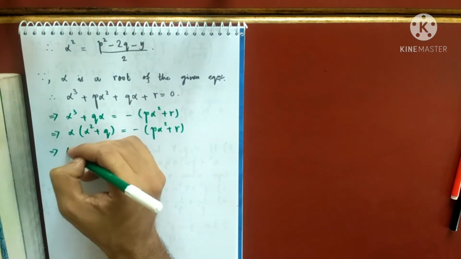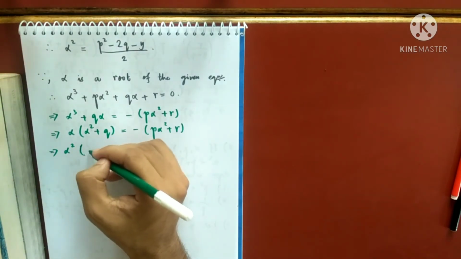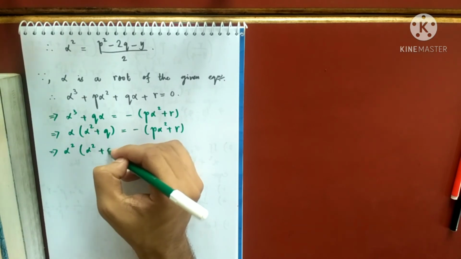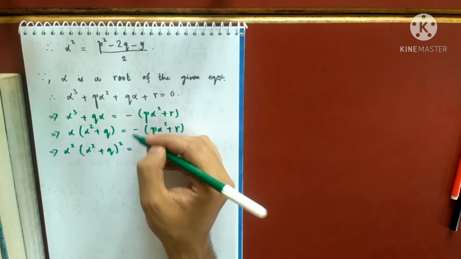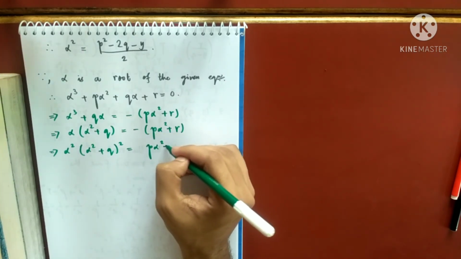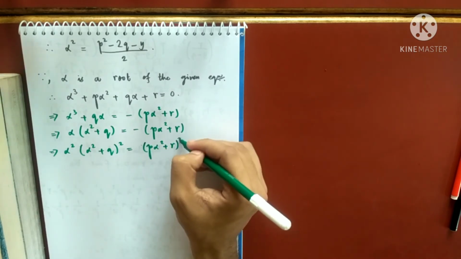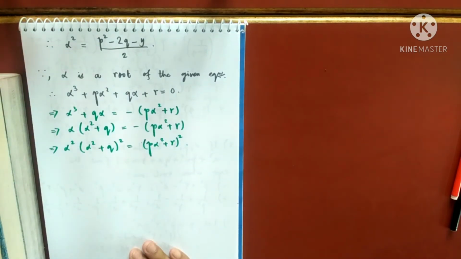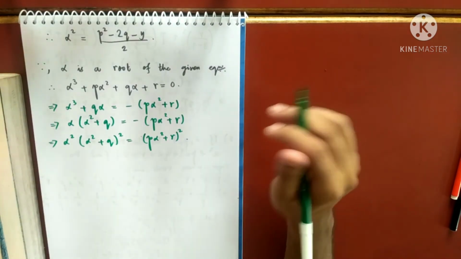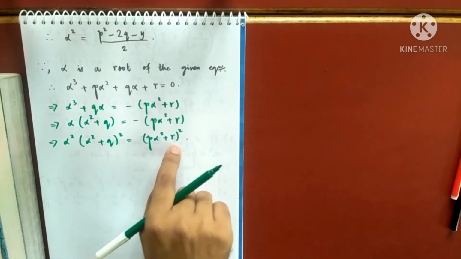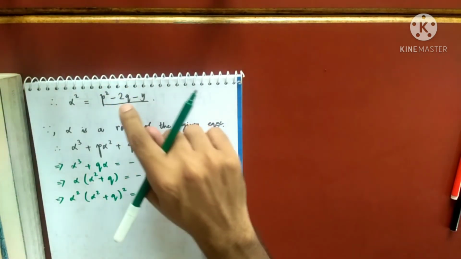If I square both sides, alpha square (alpha square plus q) whole square equals to, minus square is plus, (p alpha square plus r) whole square. Now the advantage of this being, everything here contains alpha square and I have the value of alpha square.